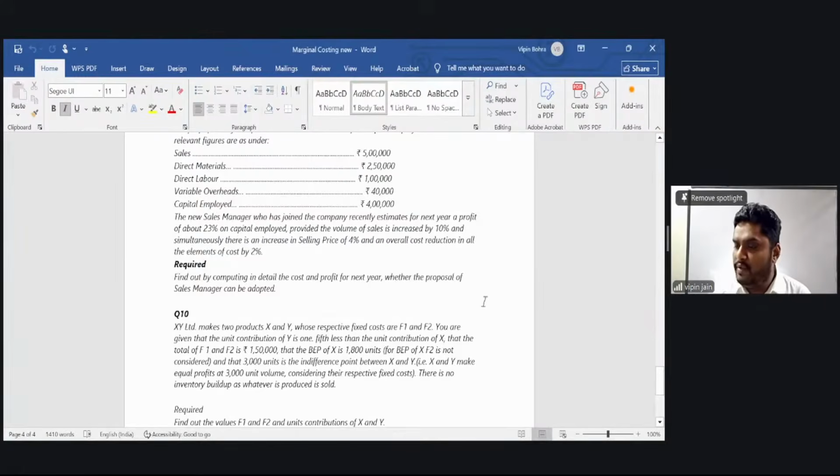So let's start with question number 10, wherein XY Limited makes two products, X and Y, whose respective fixed costs are F1 and F2.